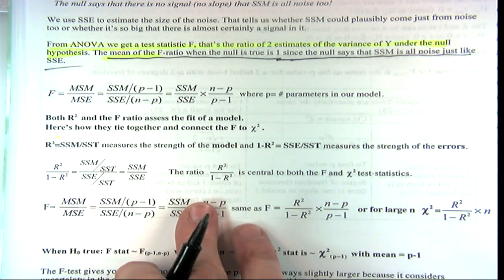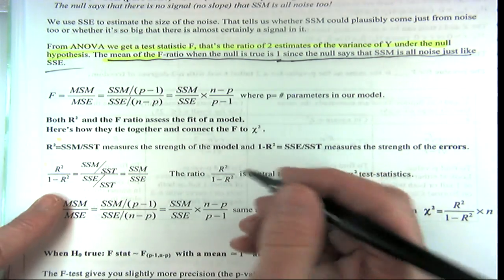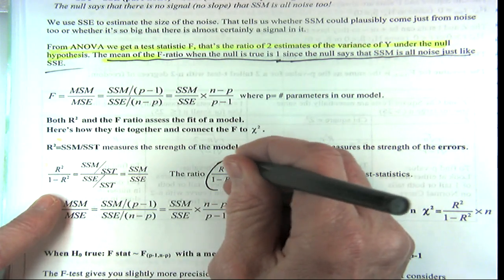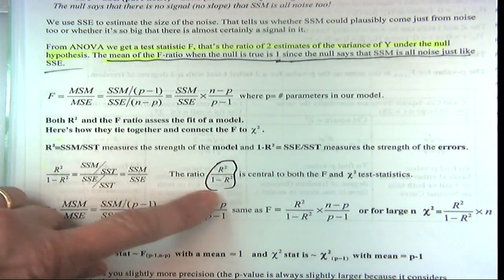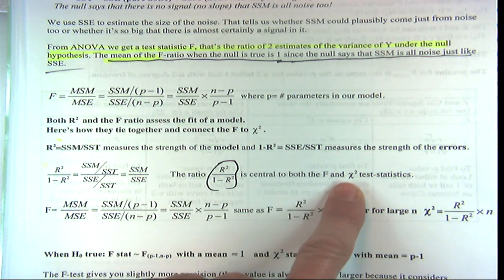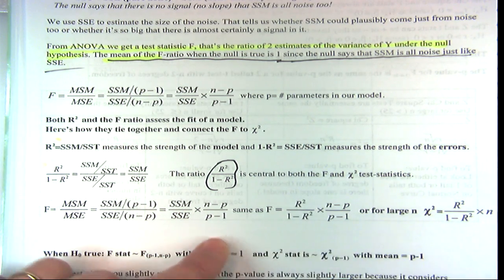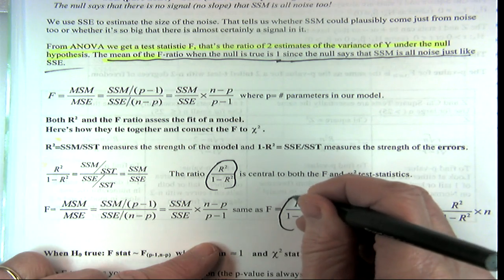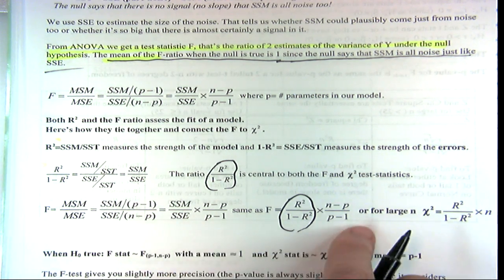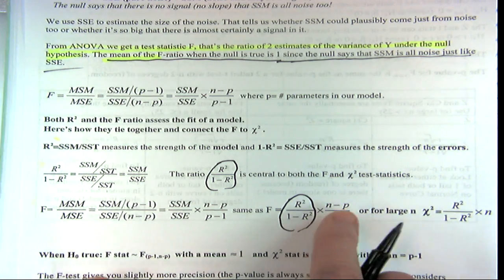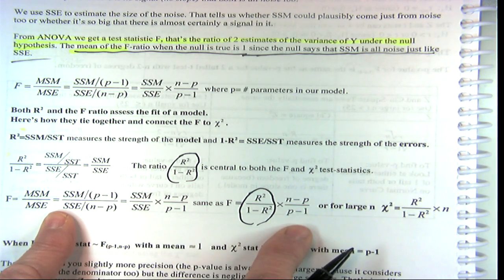This part right here, the ratio of r squared over 1 minus r squared, is central to both the F and chi-squared statistics. For F, after you divide each by its degrees of freedom, you get this.